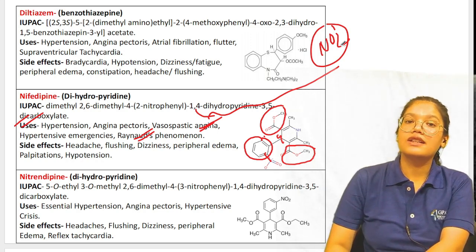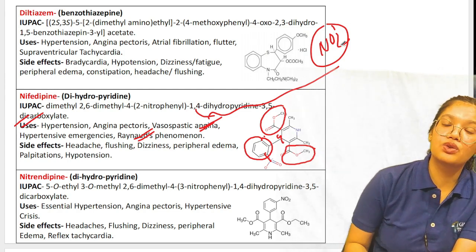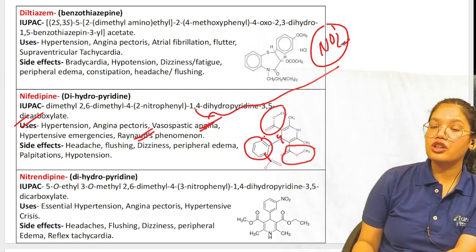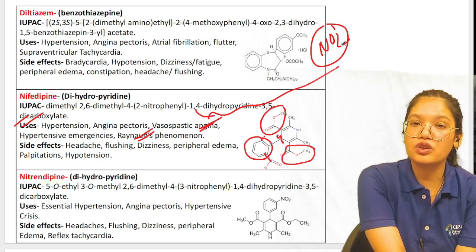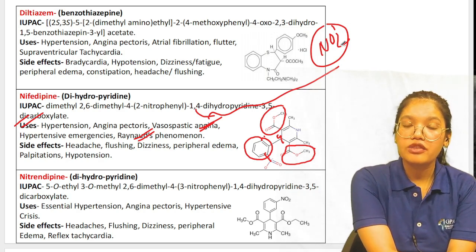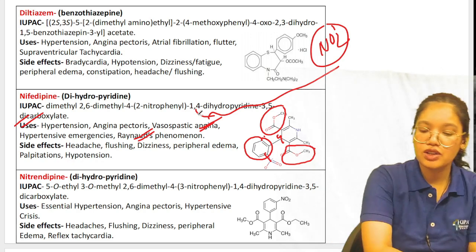Okay, so this condition is Raynaud's phenomenon, and this basically happens due to the loss of oxygen in the fingers and toes due to the vasoconstriction. So nifedipine causes vasodilation, so it is helpful in this Raynaud's phenomenon.